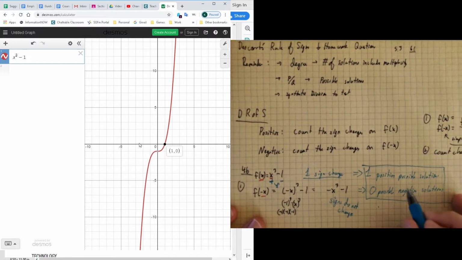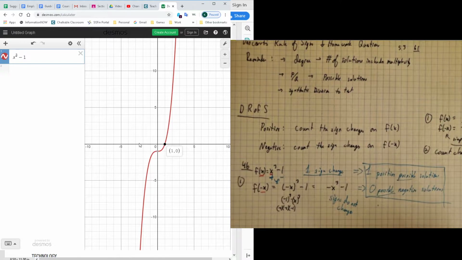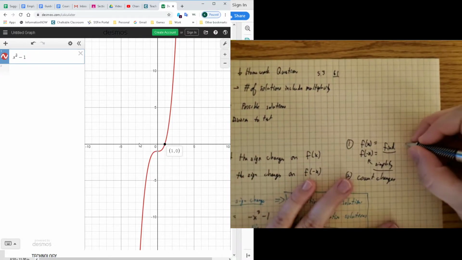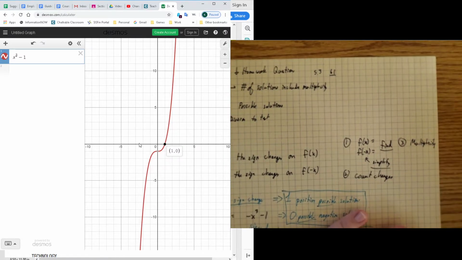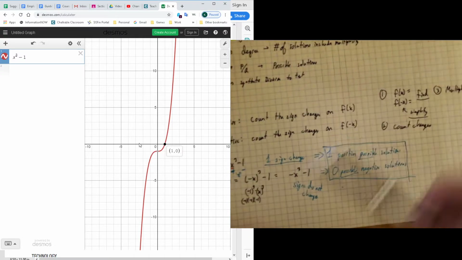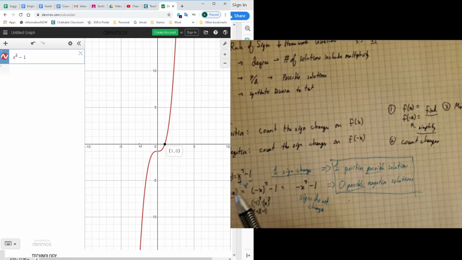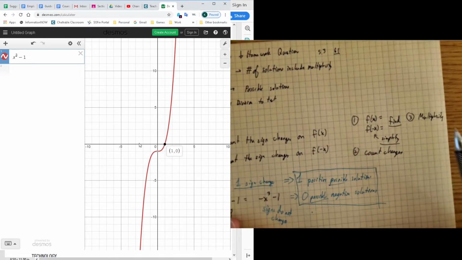Now, a big key phrase here is the word possible, because it's possible that two things can happen with Descartes' rule of signs. Step 3. It's possible you have multiplicity. It is possible to have multiplicity, and as actually happens in this case, there are no multiplicities, but it's possible there are.